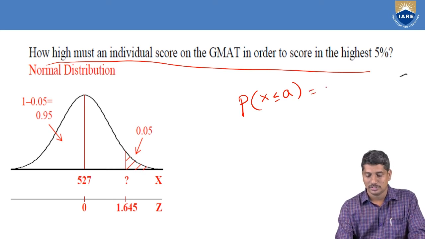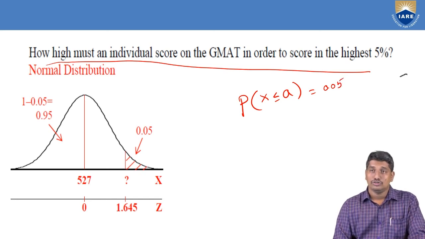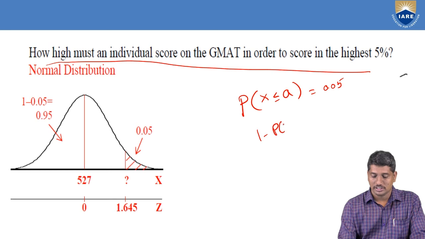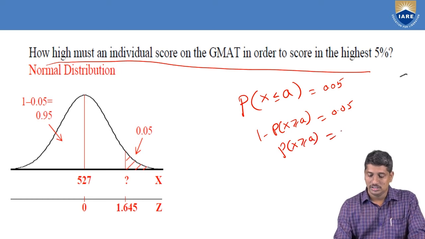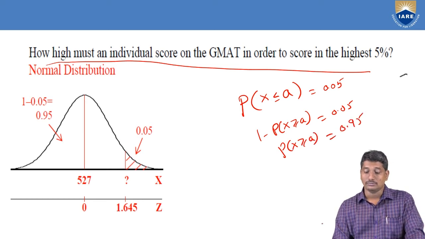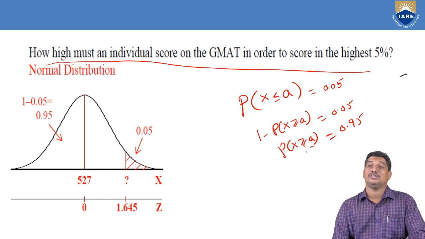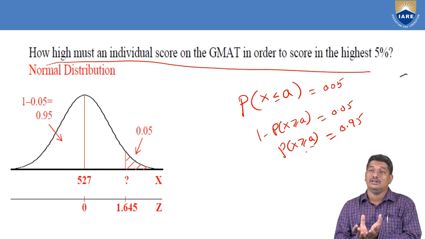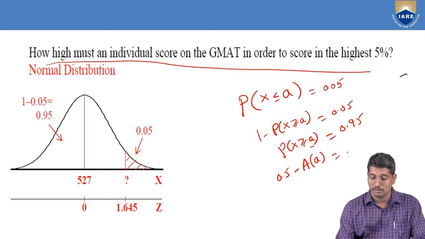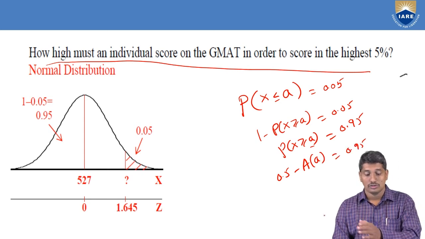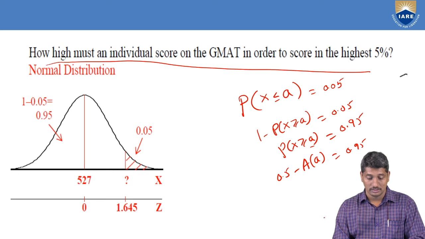That is 5%, meaning 0.05. So here we'll convert this as P of x greater than or equal to a is 0.05. Because a is positive, since marks will definitely be a positive number, half minus area of a is 0.05.